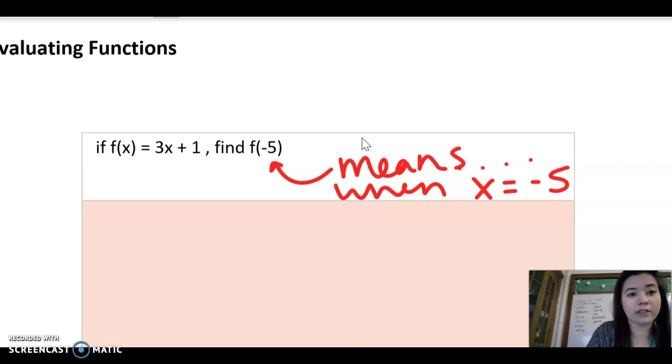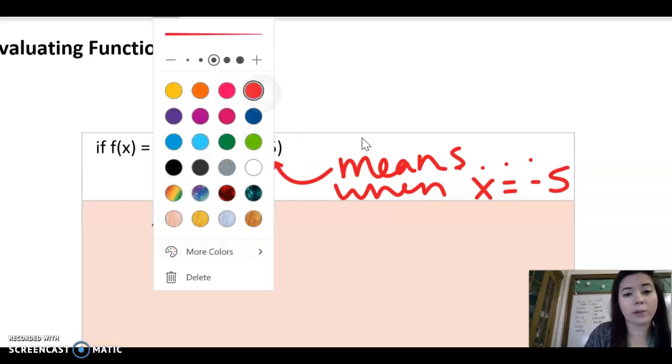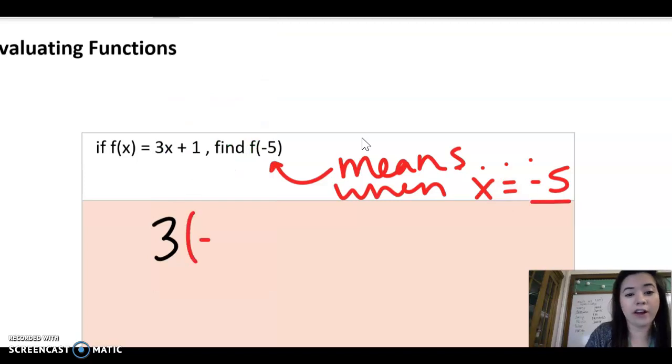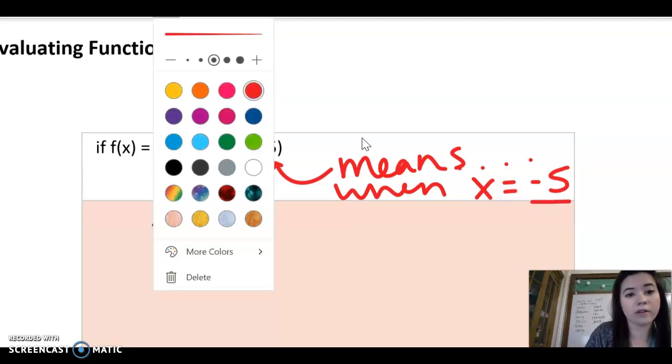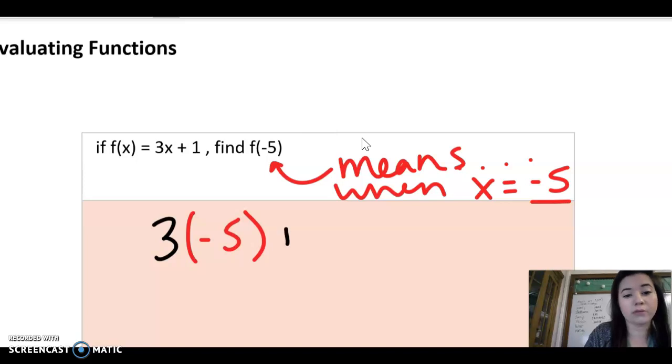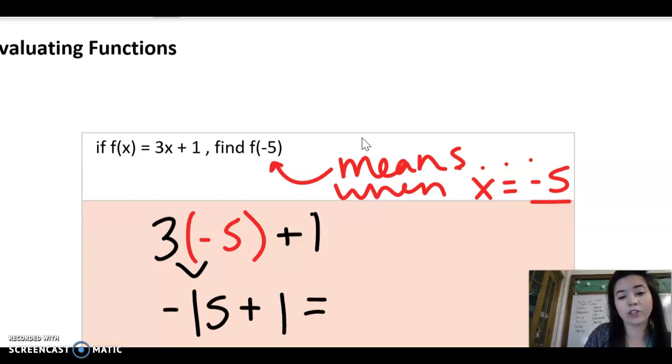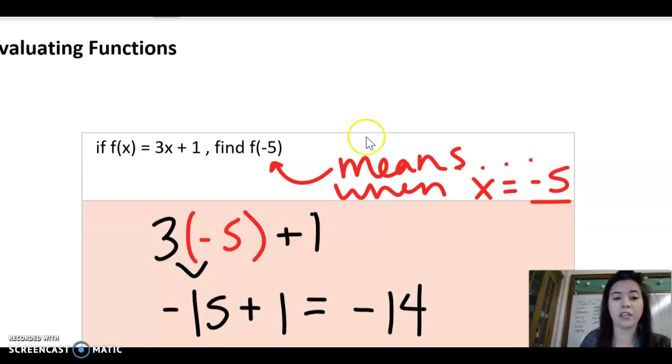So we're going to just write 3, and plug in that negative 5 for x, plus 1. That's negative 15 plus 1, which equals negative 14.